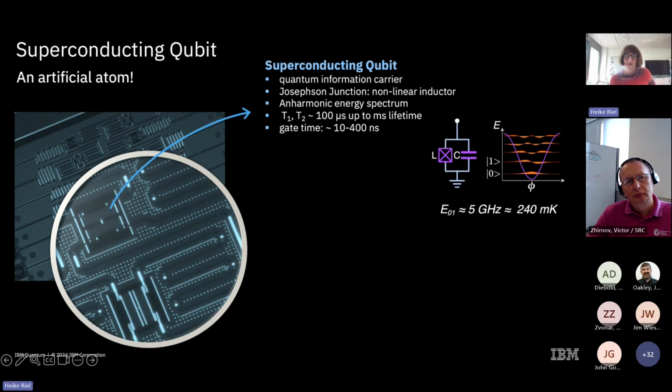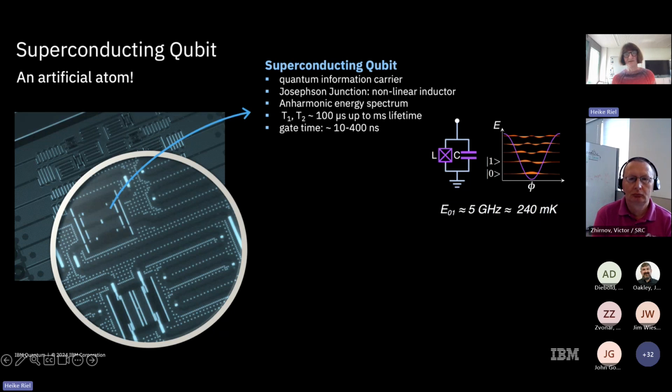If you look at the electronic circuit, you have in principle a nonlinear inductor and a capacitance. This creates the anharmonic energy spectrum which you need, so that you have a separation between the zero state and the excited states, the one state which is different from all the higher excited states, so that you can control the excitation between the two.